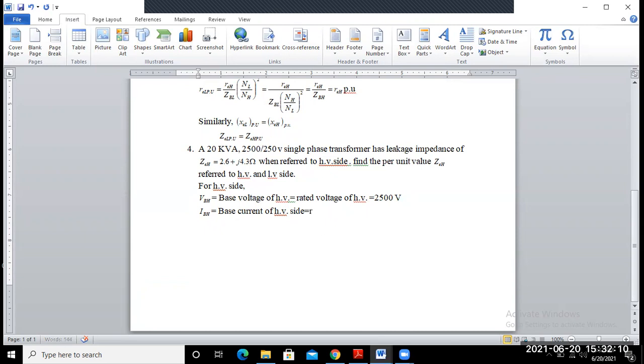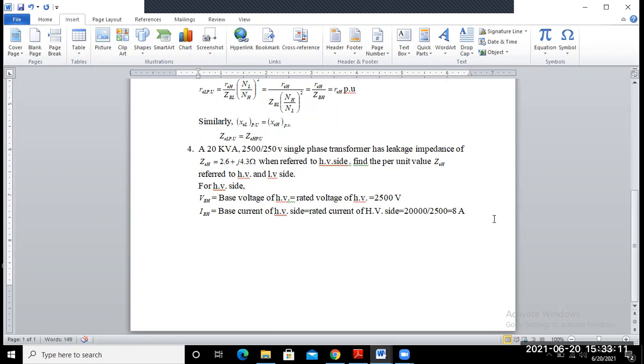So 20,000 divided by 2500 volt is equal to 8 ampere.